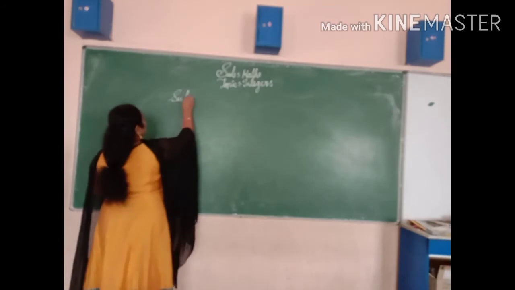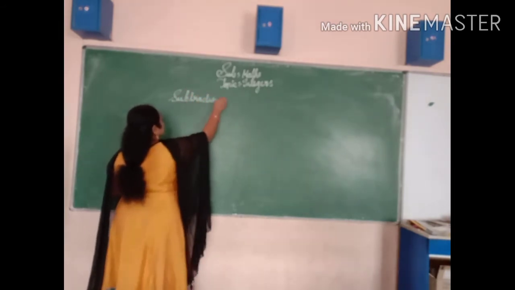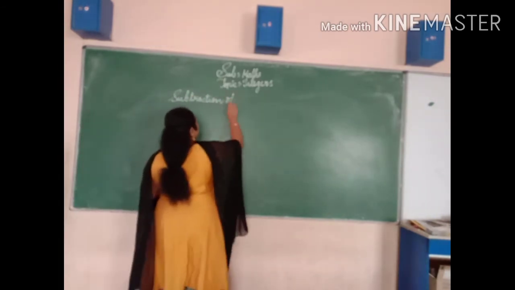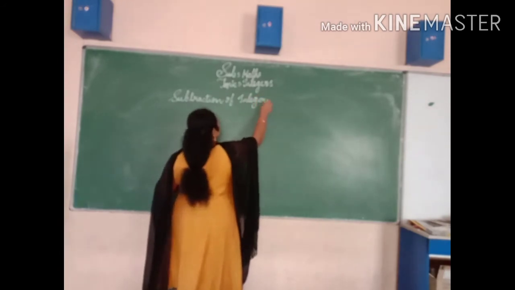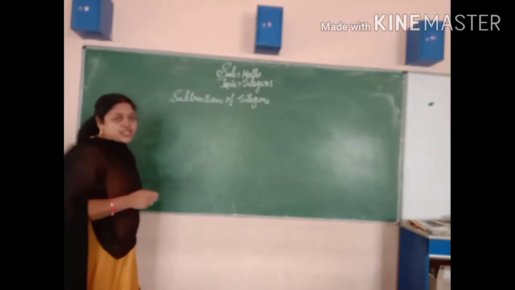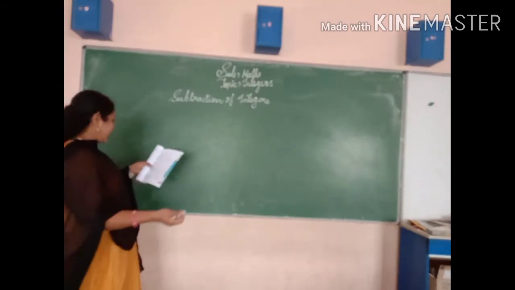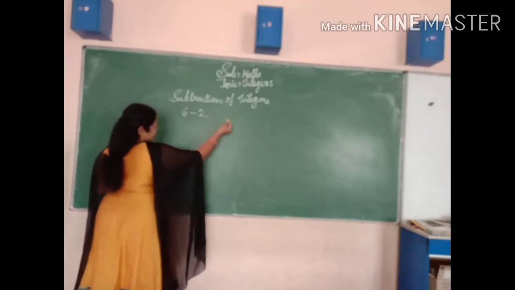Next, we go on to the subtraction of integers. So there is not much difference between addition of integers and subtraction of integers. It means that only the symbols again change. Let me take an example of 6 minus 2.